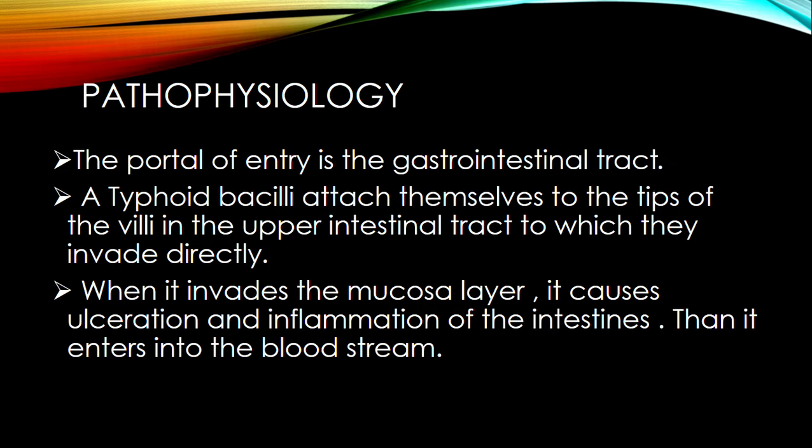So when these bacteria invade the mucosal layer, it causes ulceration and inflammation of the intestines. So we know that when the bacteria enter into the body, in this case we are talking about Salmonella typhi, it attaches itself to the villi, which is found in the intestines, then it invades, so it enters into the mucosal lining of the intestines.